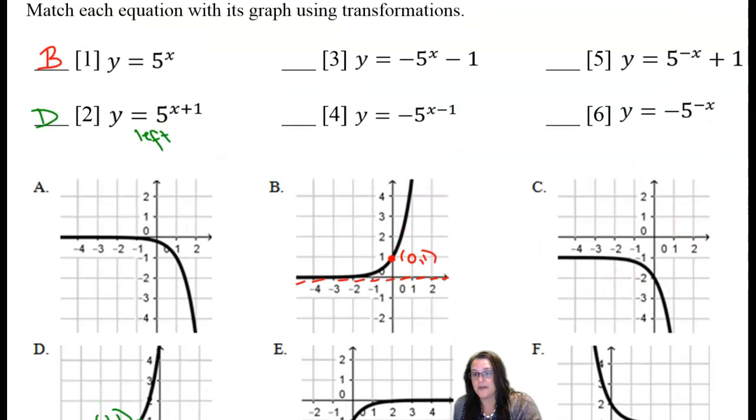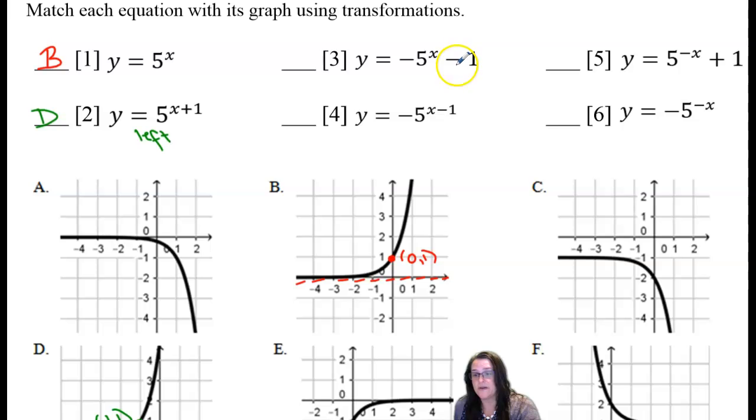Okay, now looking at number 3, y equals negative 5 to the x minus 1. This negative out front makes a reflection in the x-axis, so the parent graph has flipped upside down. But then the k being negative 1 also translates the graph down 1 unit.